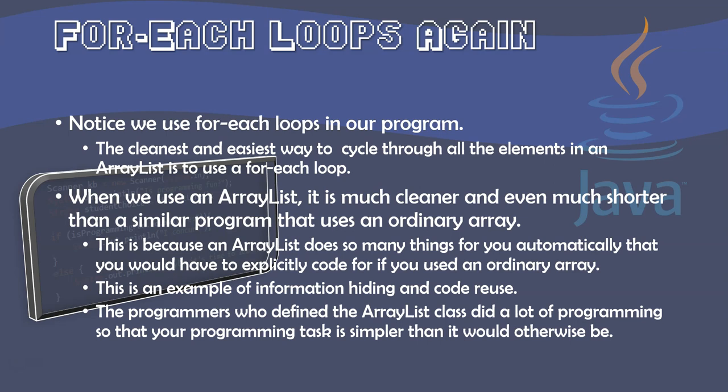That's because the programmers who defined the ArrayList class that we're importing and using in our program did a lot of programming so that the task we are undertaking is a lot simpler. For example, if you look at how we're doing this with an array list versus a partially filled array, you can see that the partially filled array is much more complex to handle than using an array list.